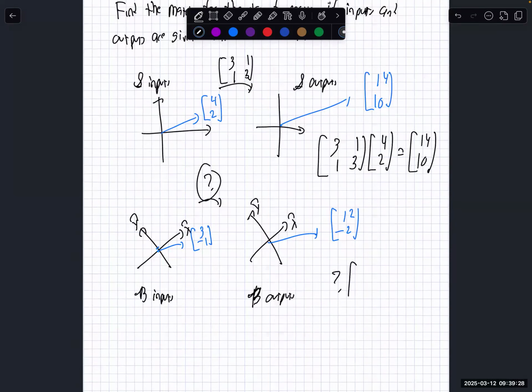I want to know what matrix do we use here that's going to turn the input written relative to the B into the output written relative to the B. So that's what we're trying to figure out. If I want to turn B inputs to B outputs, what matrix do I use?